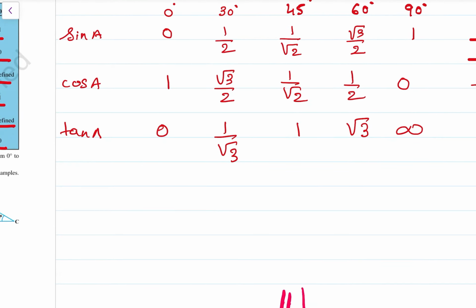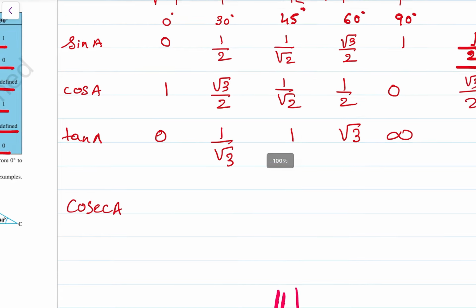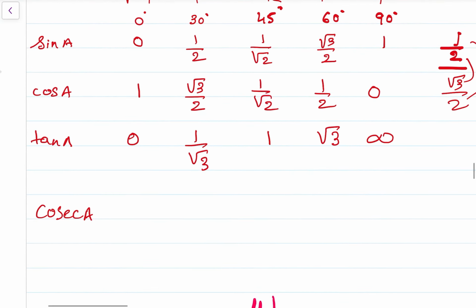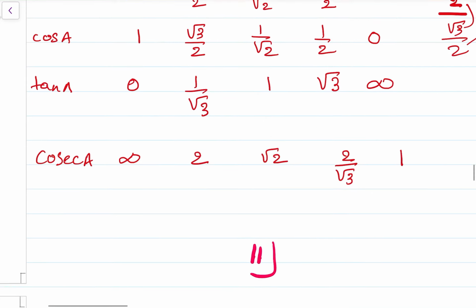Then we have cosec A, which is reciprocal of sine. So just the inverse of this table, we get undefined, 2, root 2, 2 upon root 3 and 1. For sec A, we either take the reciprocal of cos or we just write it in the reverse way.